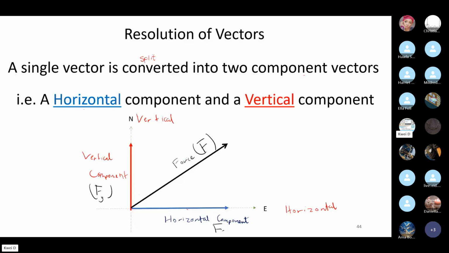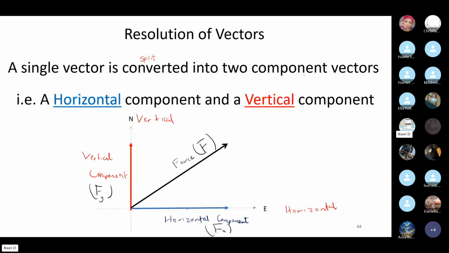So once again, if you look at these vectors that we are splitting, if we take a parallel of the red line and put it at the end of the blue, you get a right angle triangle. Likewise, if you take a parallel of the blue and put it at the end of the red, you also get another right angle triangle.